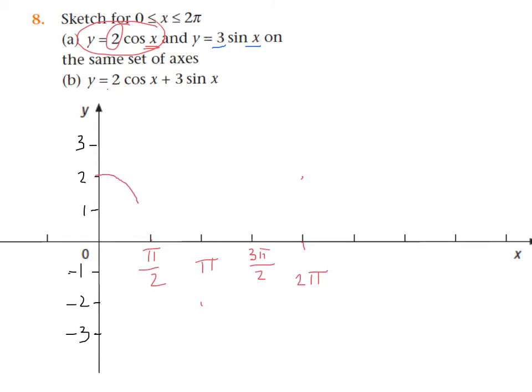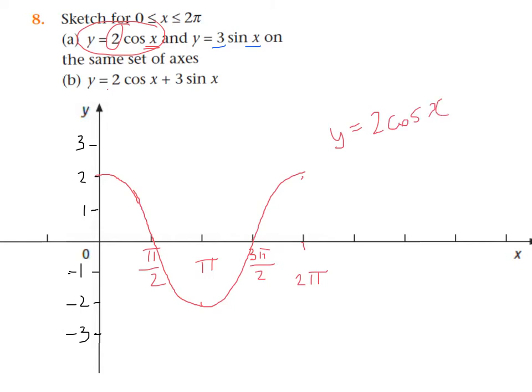Oh, that's terrible. Let me draw that out again. Alright, that's y equals 2 cos x between 0 and 2 pi.